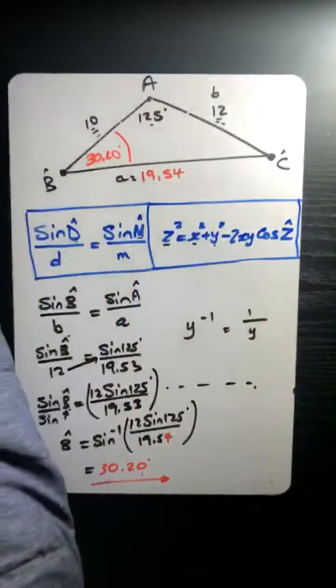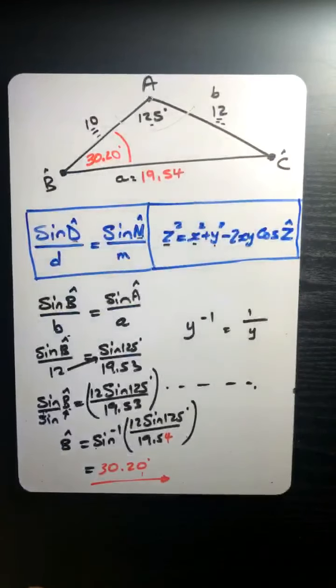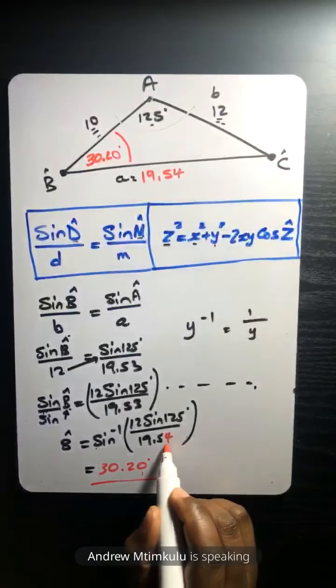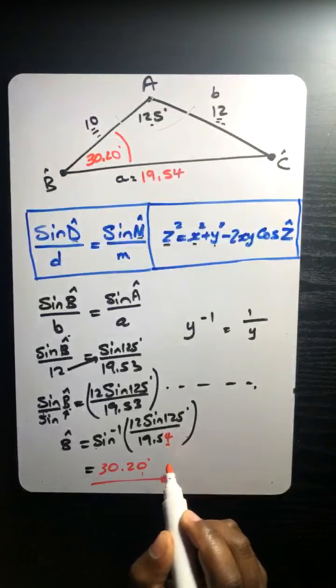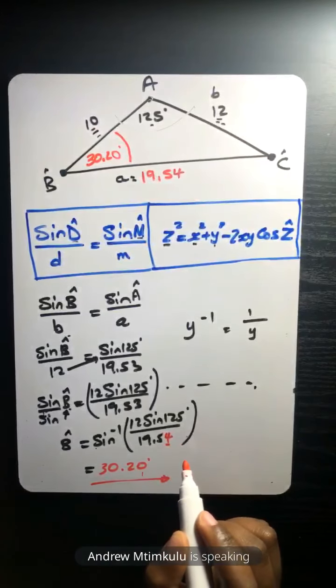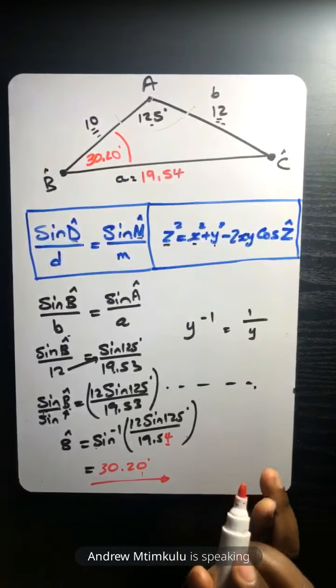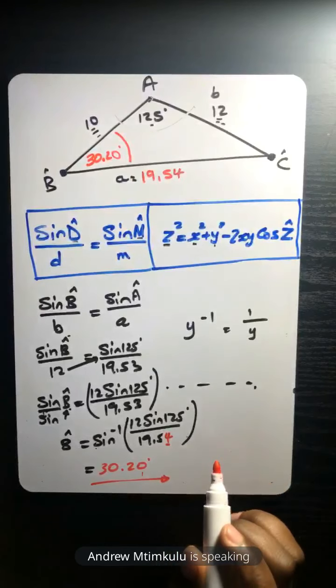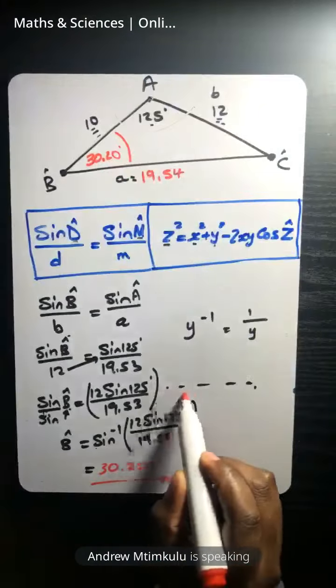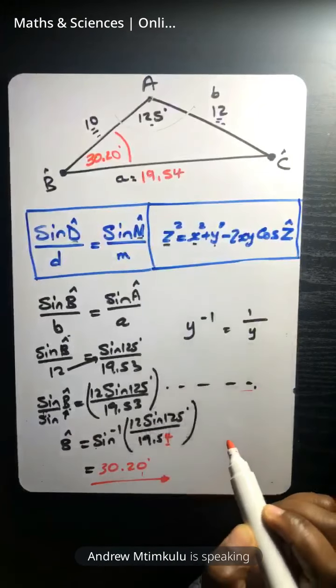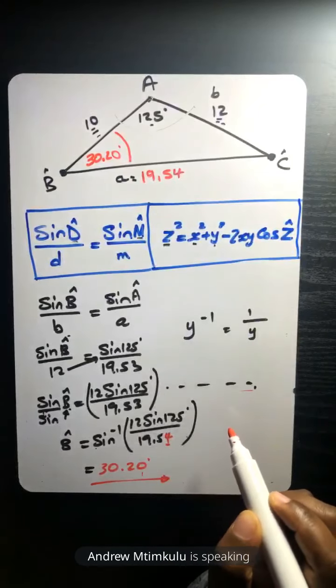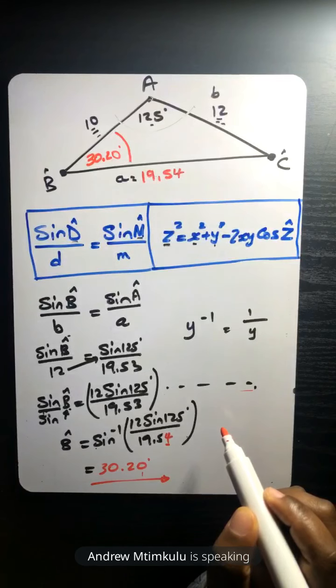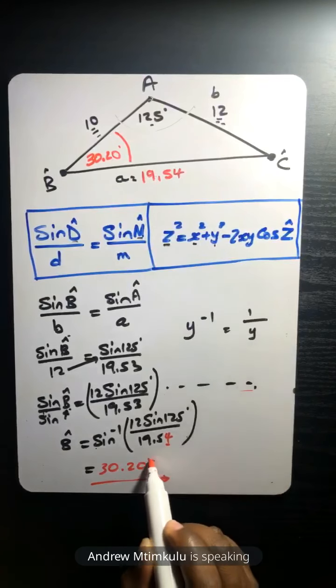So remember, Andrew, there it is 4. Before we round off the final answer, meaning that the line BC, we have to use all those decimals. Yes. So instead of putting 19,54, you put in the answer there, and then you get 30,20945 and all those numbers recurring, sir.